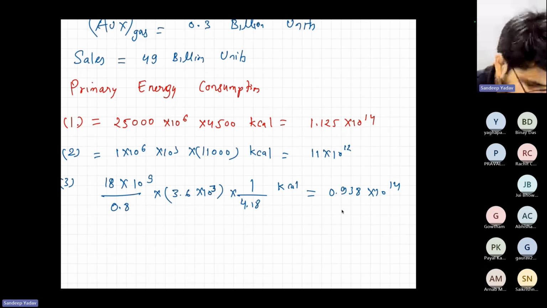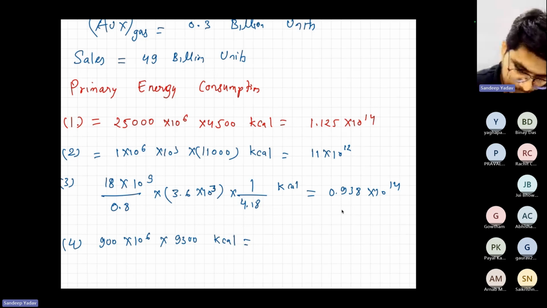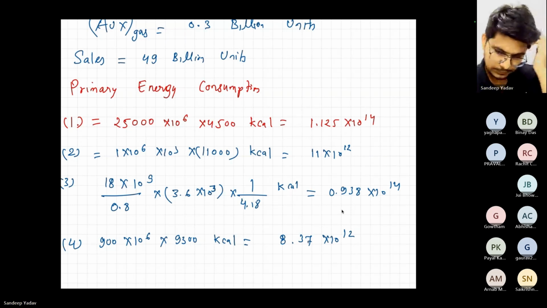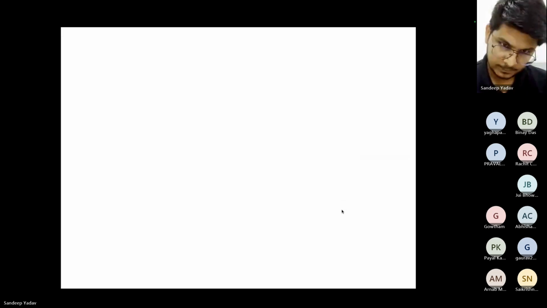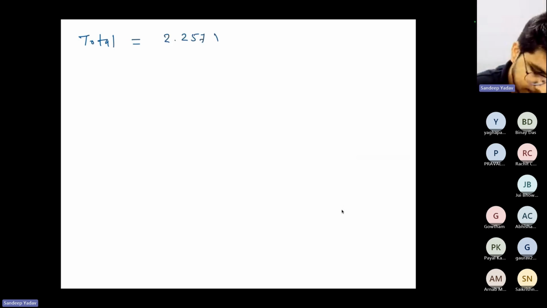Now, fourth one, that's the last one, gas. 900 into 10 raised to power 6 into 9,300 kilocalorie, which is 8.37 into 10 raised to power 12. So total, we are able to generate primary energy of 2.257 into 10 raised to power 14 kilocalorie.